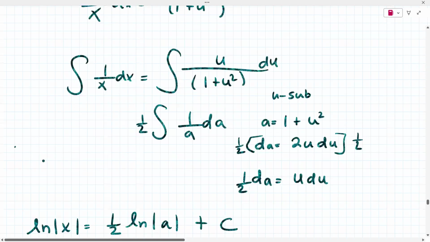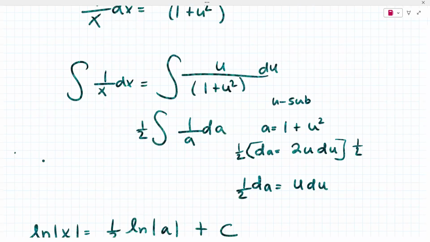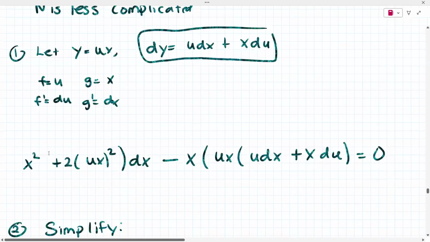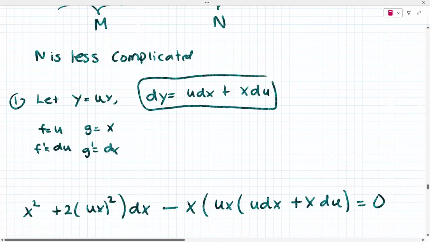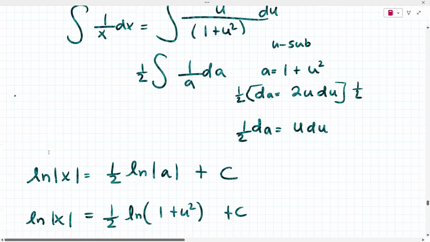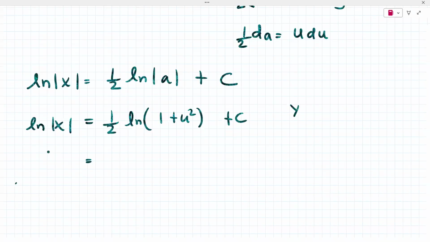Then go back to your substitution. What did we substitute? We substituted y with ux. So we substituted y equals ux, and I think we need to solve for u, so you're going to have to divide both sides by x. So you get u equals y over x.